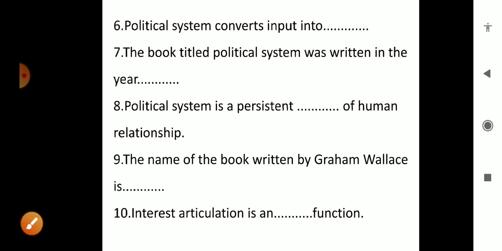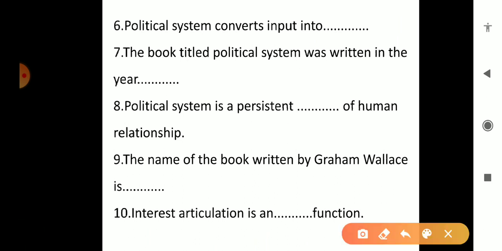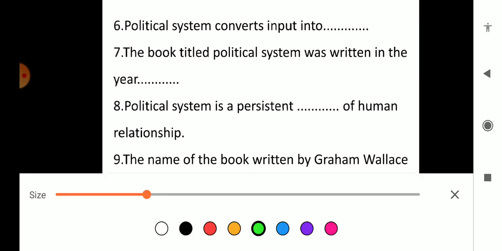The book titled Political System was written in the year. In which year was it written? And we have read it thoroughly that the book was written in the year 1953.